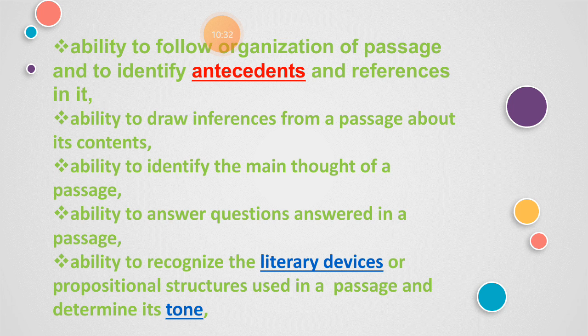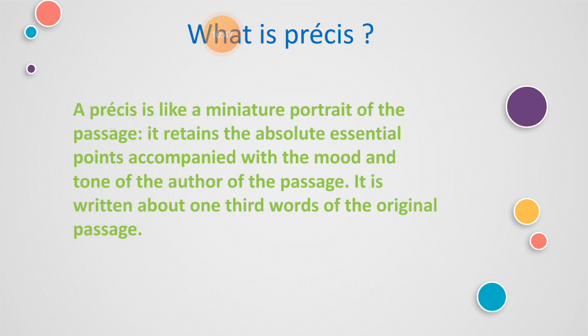It is an ability to identify the main thought of a passage, an ability to answer questions answered in the passage, then ability to recognize the literary devices or propositional structures used in a passage and determine its tone.